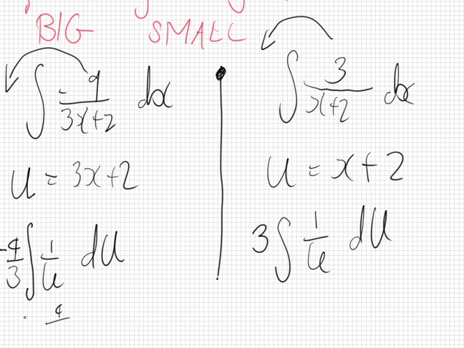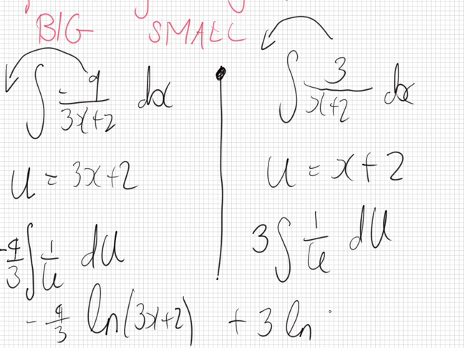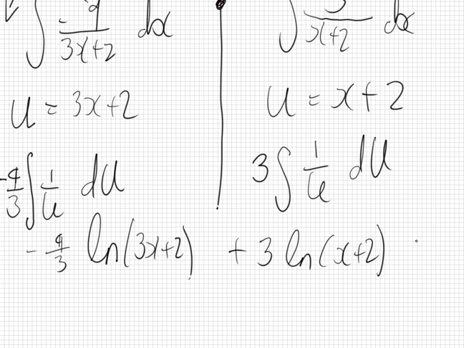Okay, so you have -9 over 3, and then this is log u, which is 3x plus 2. And here, this is 3 log u, which is x plus 2. Plus c. I can clean this up a good bit, because what's 9 over 3? 3. And then what can I do with numbers in front of logs? To the power. And this one goes to the power.